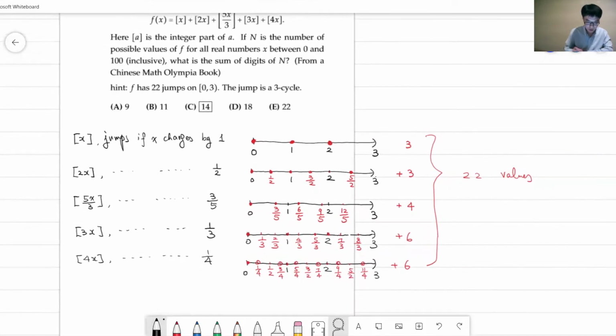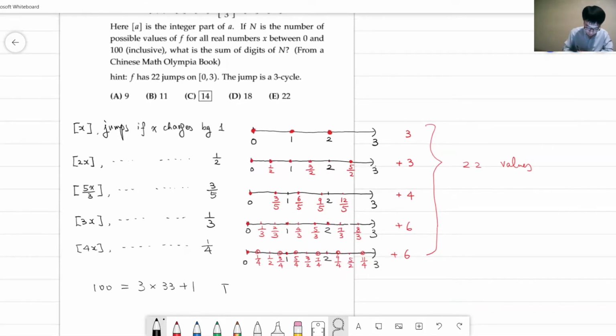Now, let's consider the interval from 0 to 100. So 100 equals 3 times 33 plus 1. So we've considered the interval from 0 to 99.